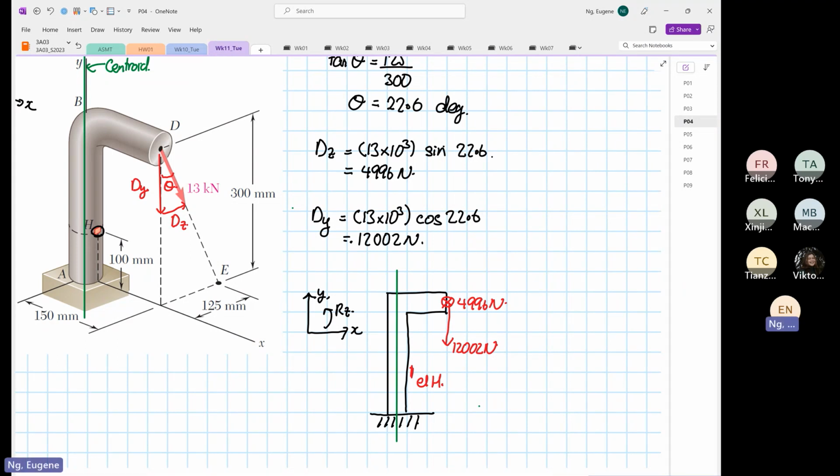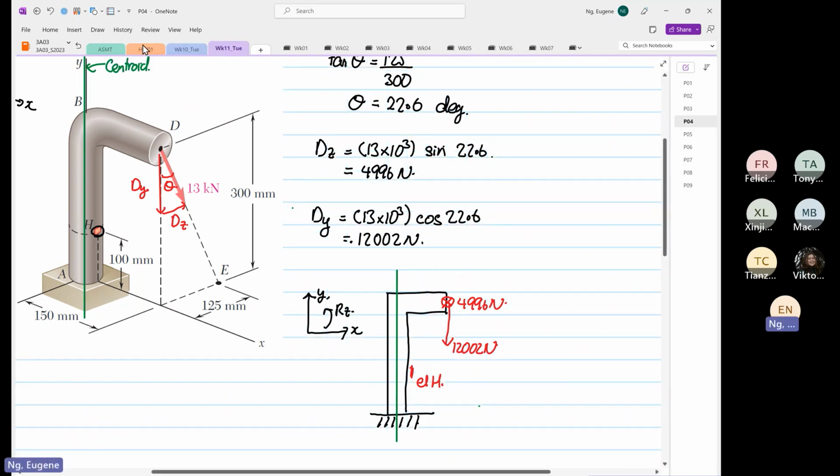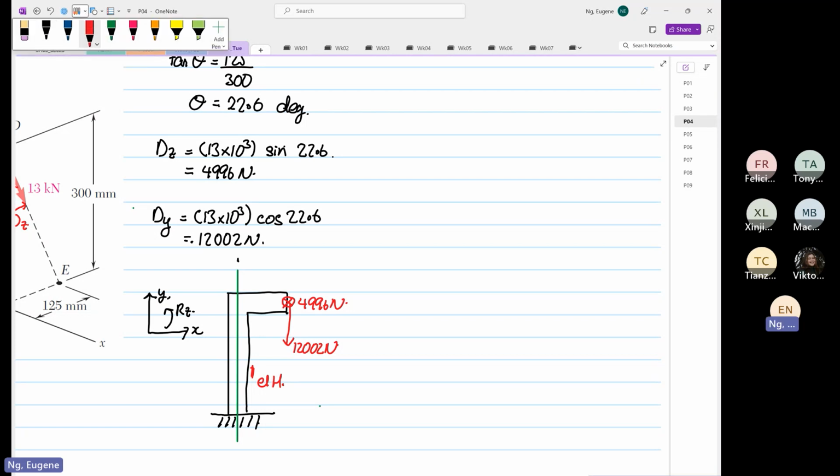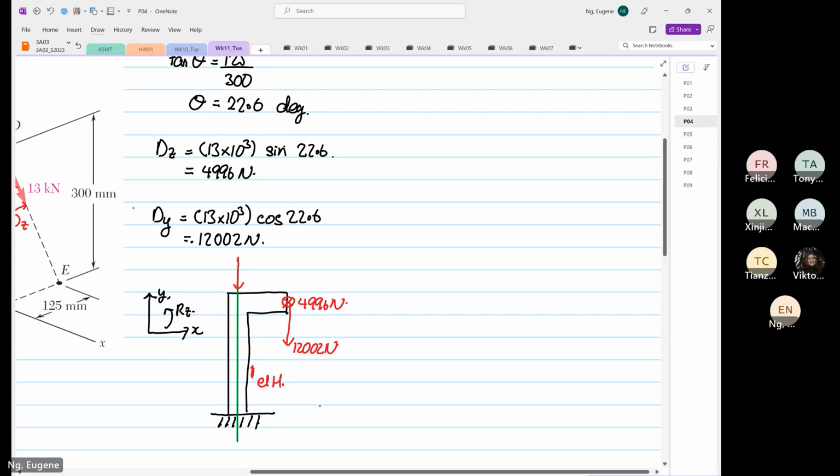So immediately we know that we have a case of eccentric bending over here. The 12,002 is parallel to the what? To the centroid. And then we know that there will be an axial load applied down here, which is also equal to 12002 Newton. So we know that Py is acting in the y direction.